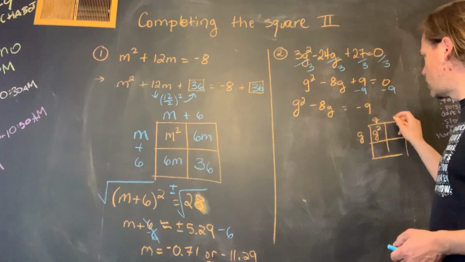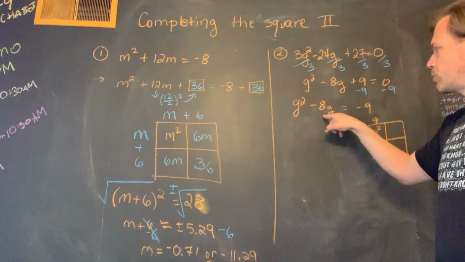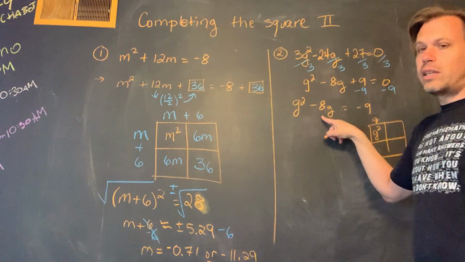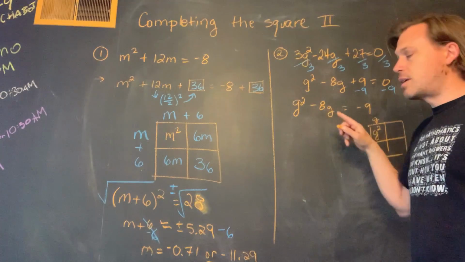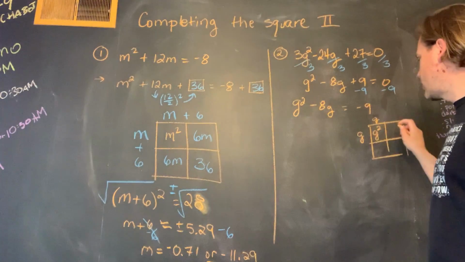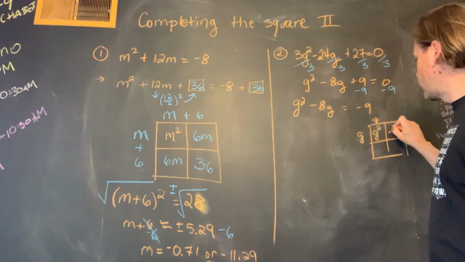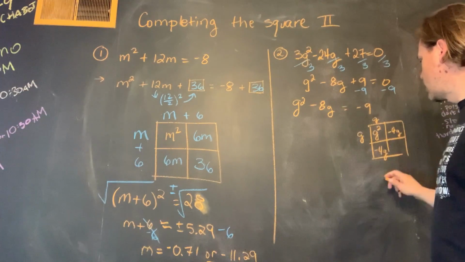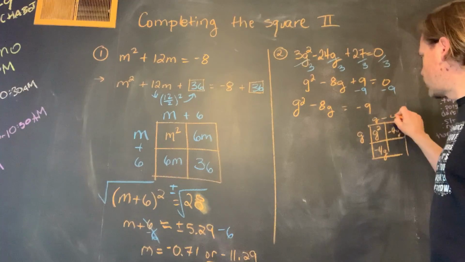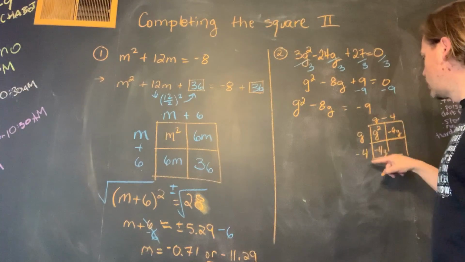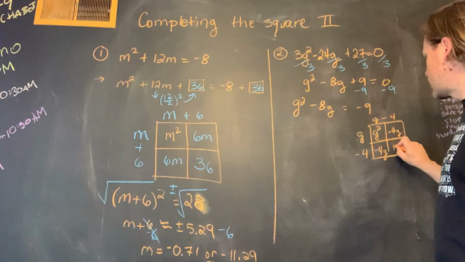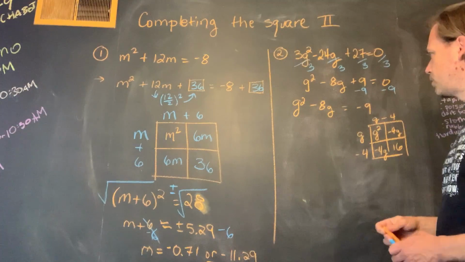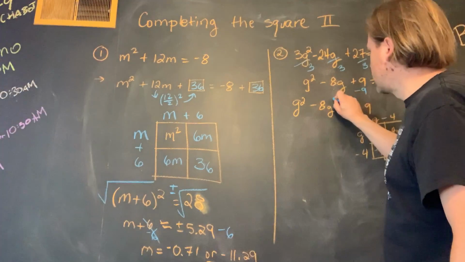What two numbers add together to give you negative 8g, but they have to be the same number? Well, that's got to be negative 8 divided by 2. So negative 4g, negative 4g. So this is g minus 4 times g minus 4. Negative 4 times negative 4 is positive 16. So that's what I'm going to add to both sides.